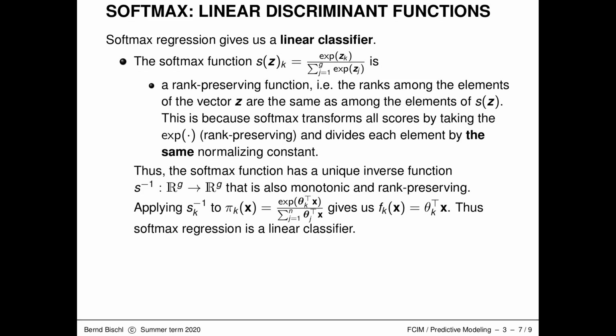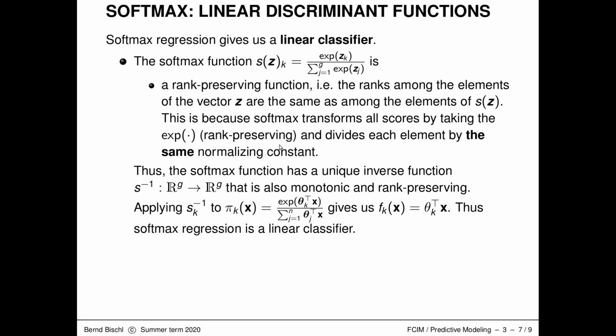Again, softmax regression gives us a linear classifier, which is really simple to see because this S function here is a rank preserving function. So all of the ranks among the scores are exactly the ranks of the computed posterior probabilities. So this guy here is actually invertible.